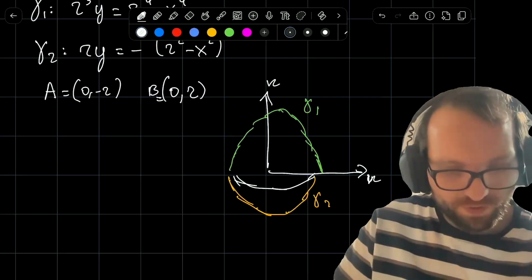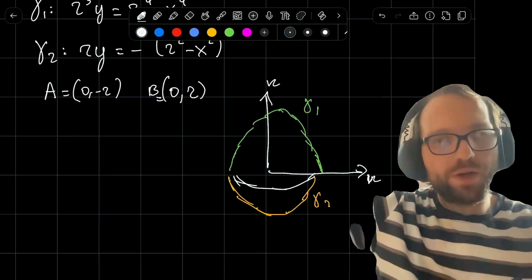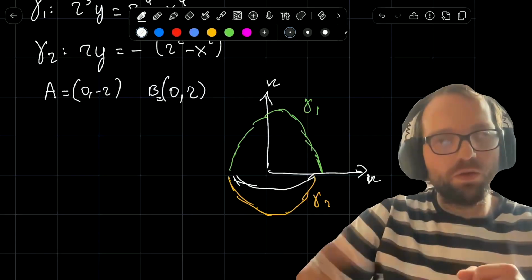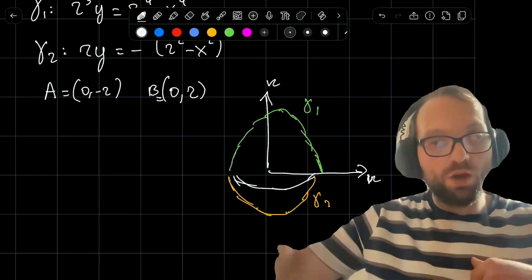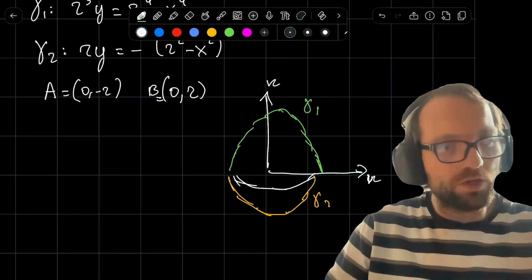Here it's really hard to draw, but the idea is that the upper half is composed of the rotation of one curve, the lower half, the bottom half, is composed of the rotation of the other curve. Altogether, they form this solid with this very particular surface.